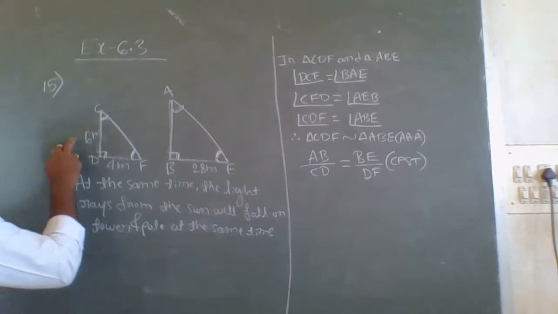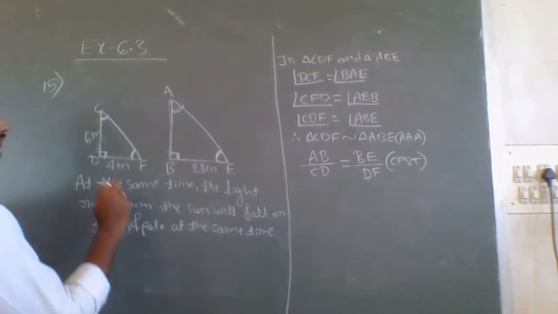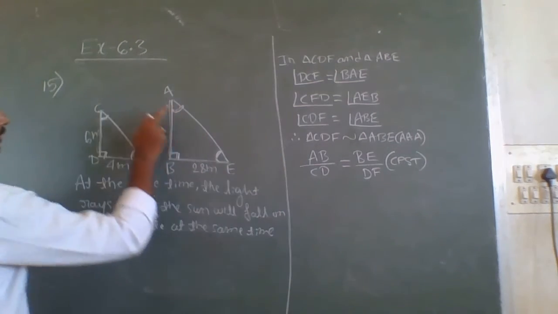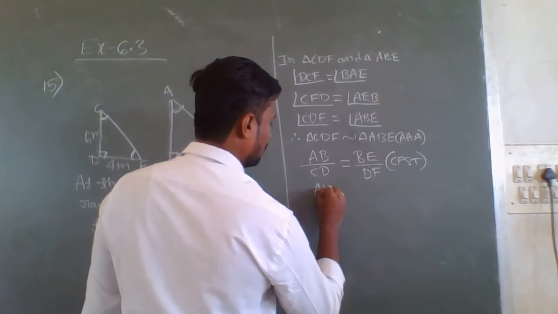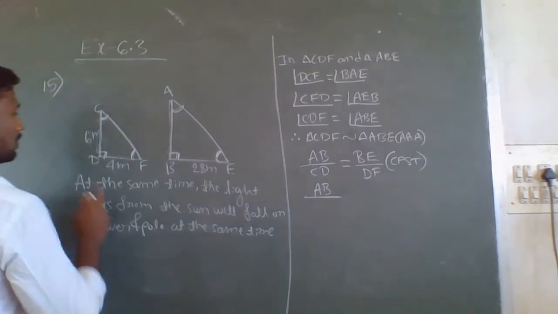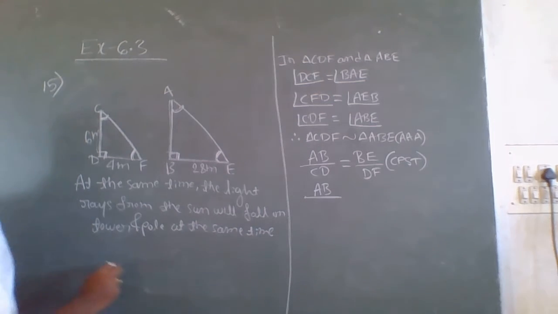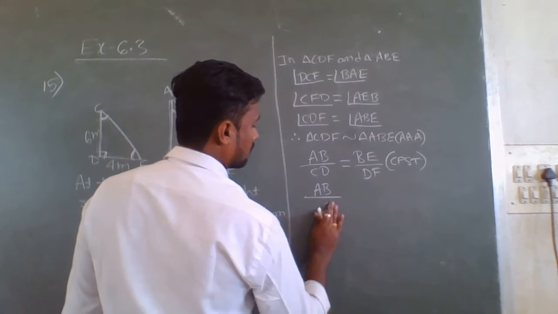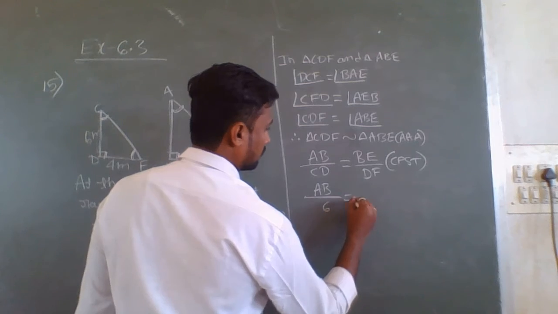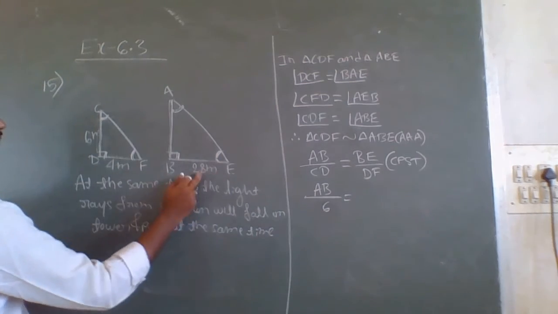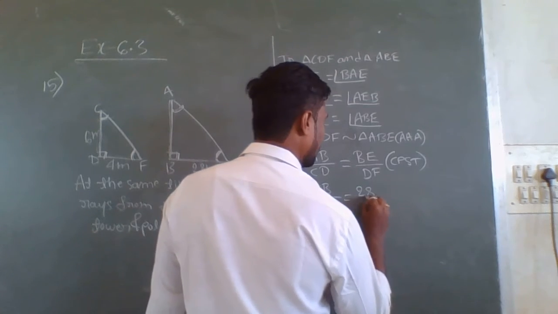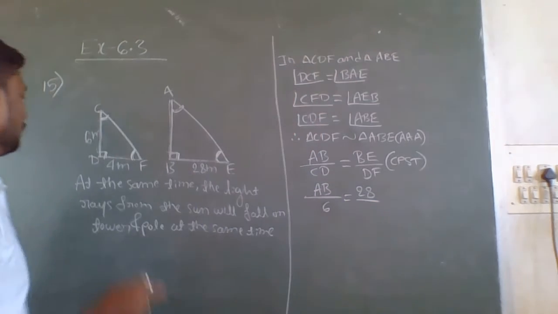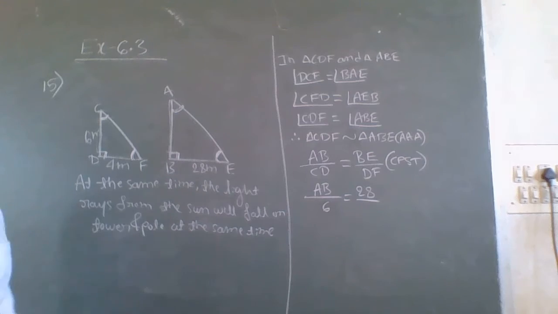So now we have to find out this value, AB value. So here AB by, what is the CD value here? CD is 6 meter equals to BE length is 28 meter, and DF length is 4 meter.